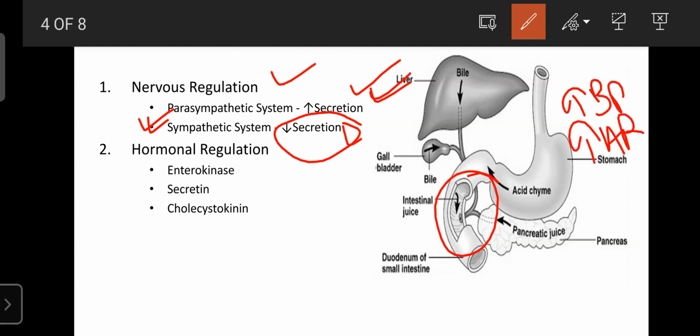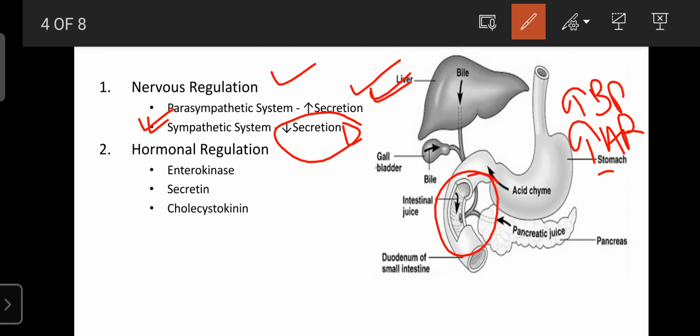So when you monitor blood pressure, you should consider when the patient took food. If it is only half an hour to 1 or 2 hours, then a slight increase in pressure or heart rate is also due to intake of the food.